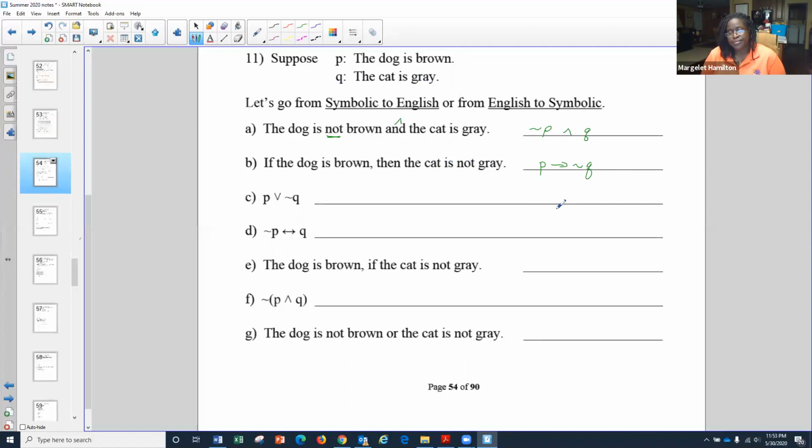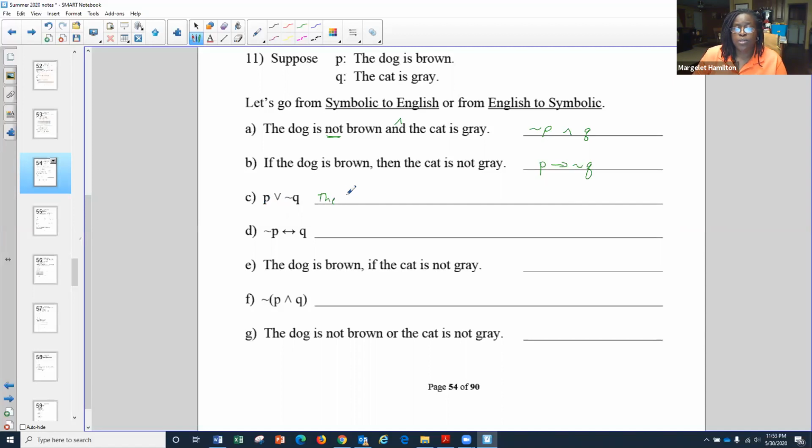All right, let's try going from symbols to words. They give us P or not Q. It's not an if-then statement, so I know it's just going to be an or statement, so I'm just going to go ahead with my P. My P is the dog is brown.